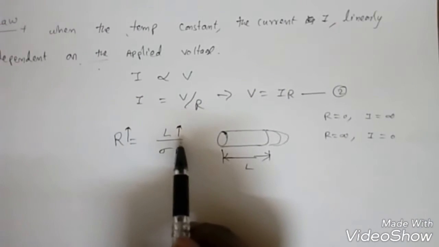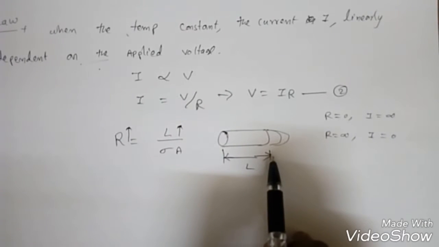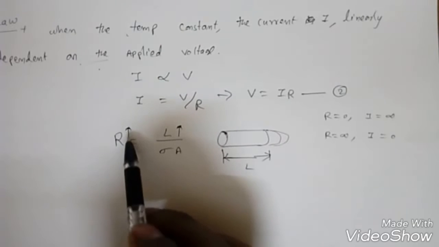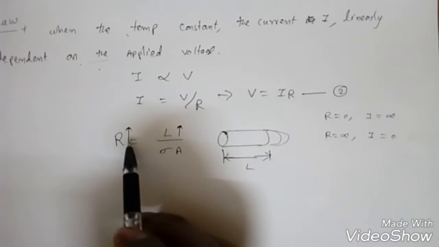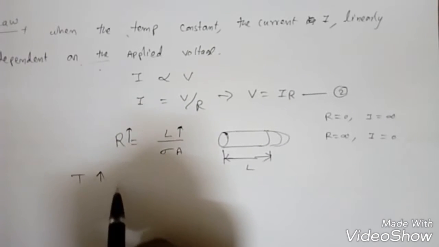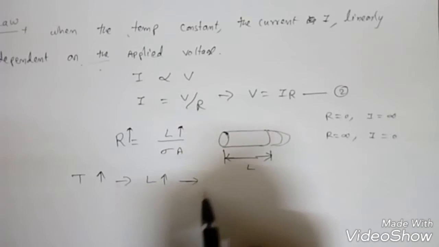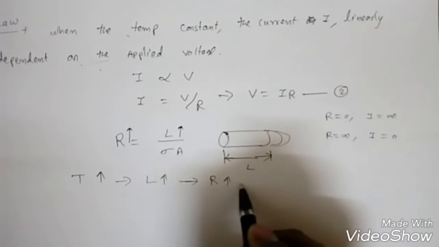Now when we vary the temperature, the conducting material length will increase. When length is increasing, its resistance will increase. Or we can say: if temperature is increasing, the length of that conductor will increase, and resistance also increases.